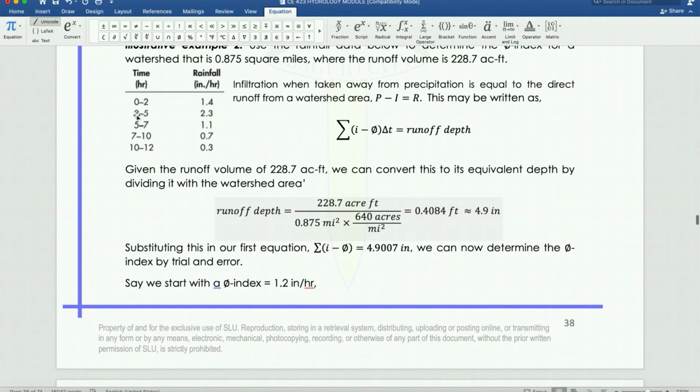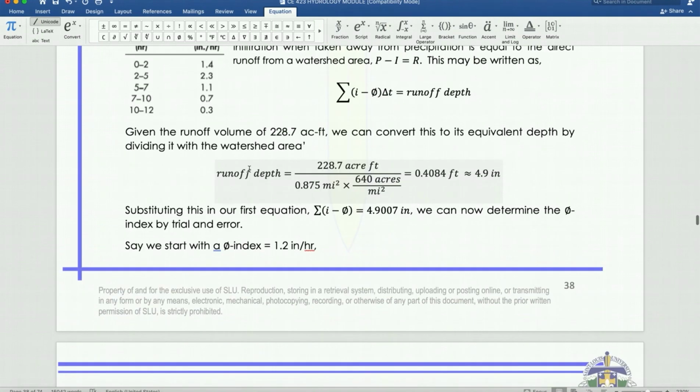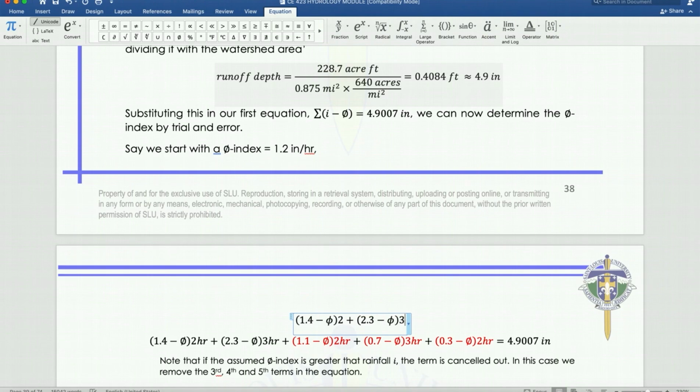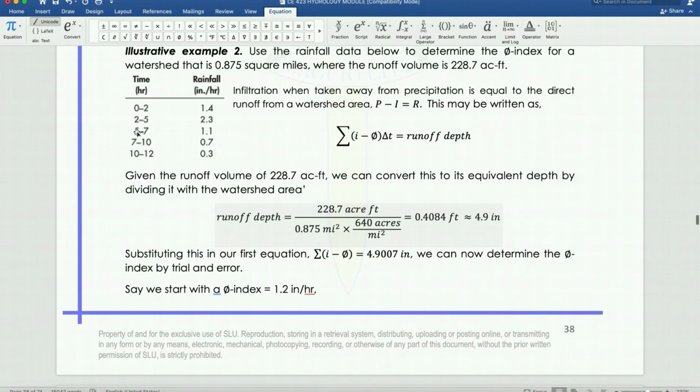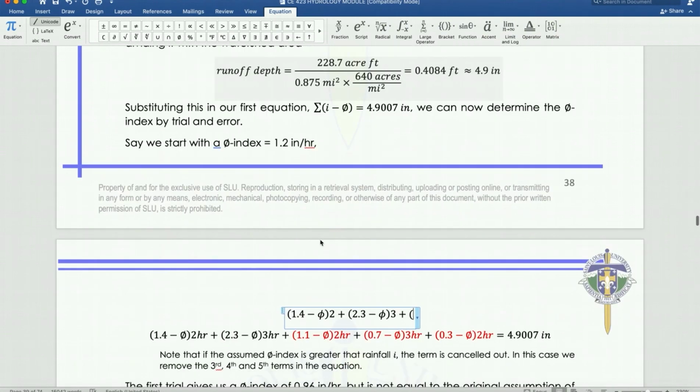From hour 2 to hour 5, that is 3 hours. Plus 1.1 minus phi times 5 to 7, that is 2 hours, 0.7 minus phi times the hours from 7 to 10, that is 3 hours, then 0.3 minus phi times the hour. So actually, it is this: 1.4 minus phi times 2 hours, 2.3 minus phi times 3 hours.